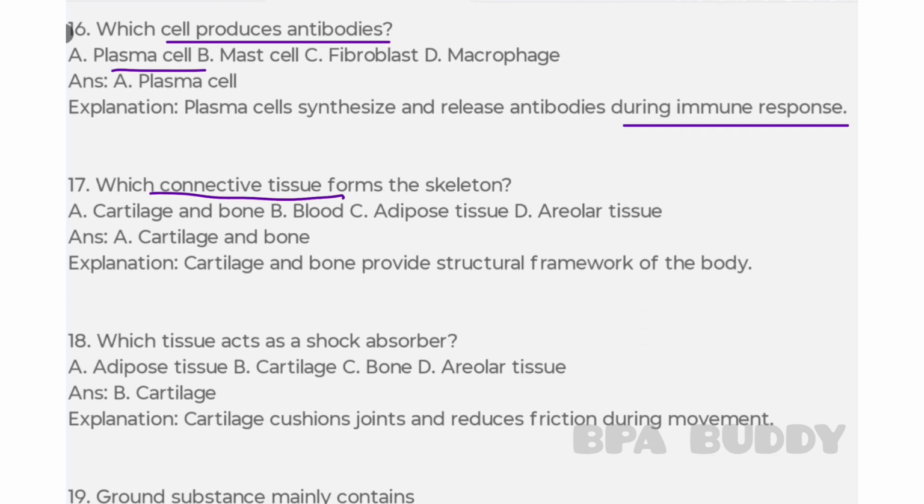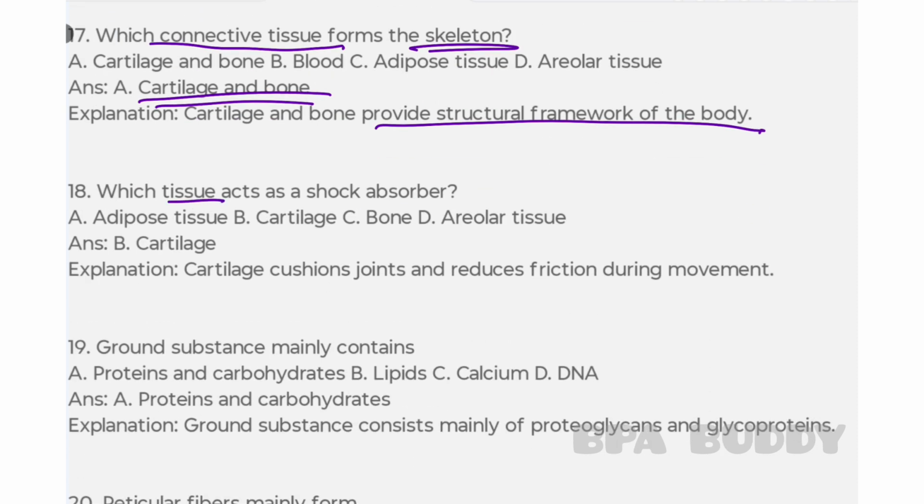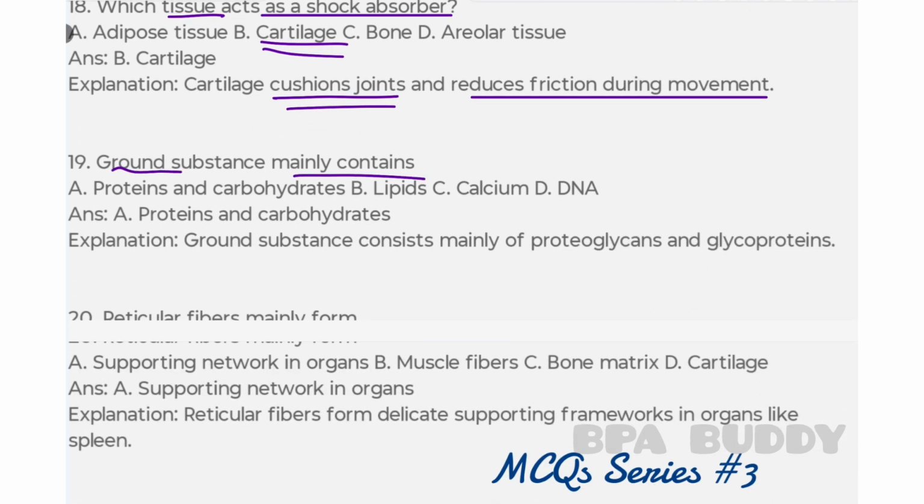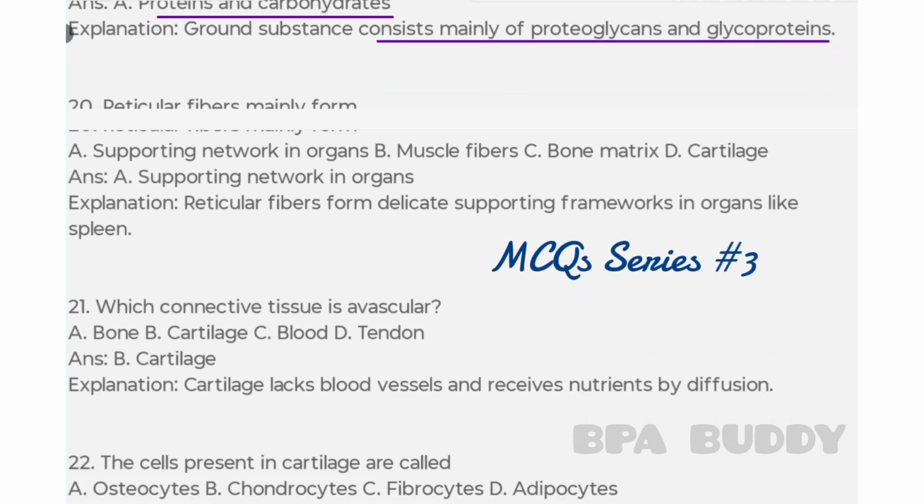Which connective tissue forms the skeleton, cartilage and bone? They provide the structural framework of the body. Which tissue acts as a shock absorber? Cartilage. Cartilage cushions joints and reduces friction during movement. Ground substance mainly contains proteins and carbohydrates and also contains many proteoglycans and glycoproteins.